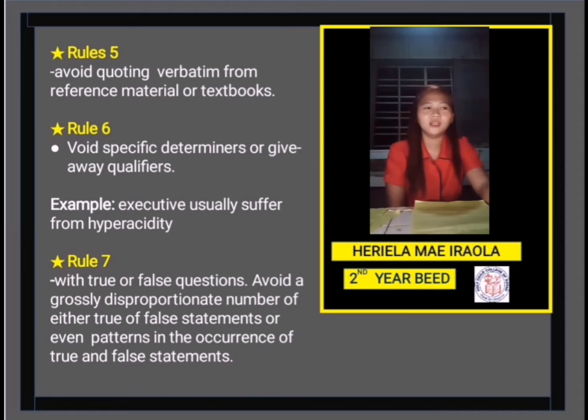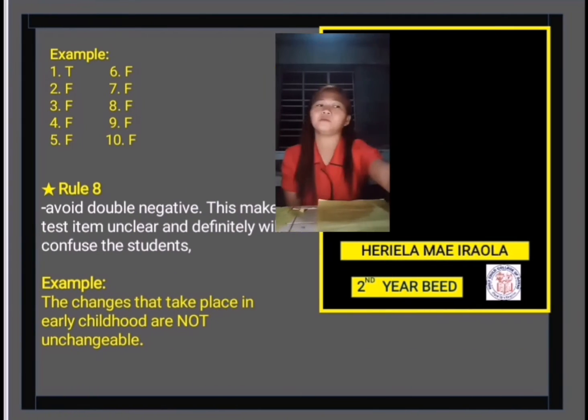Rule number 5, avoid quoting verbatim from reference material or textbook. Rule number 6, avoid specific determiners or giveaway qualifiers. Rule number 7, with true or false questions, avoid a grossly disproportionate number of either true or false statements or even patterns in the occurrence of true and false statements.